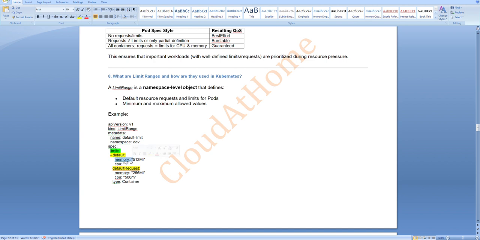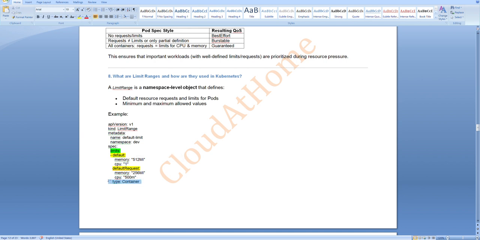So by default, your memory limit is 512 Mi and one CPU core you can use. And the default request is 256 Mi; minimum is 500 and maximum can go to one vCPU.